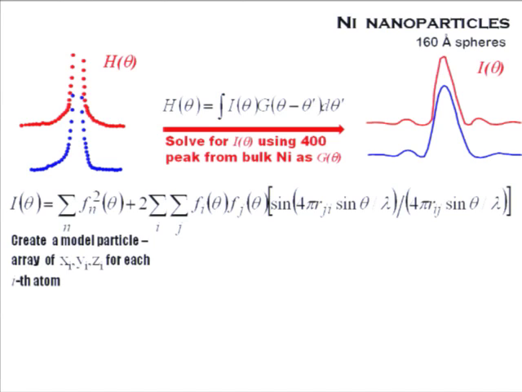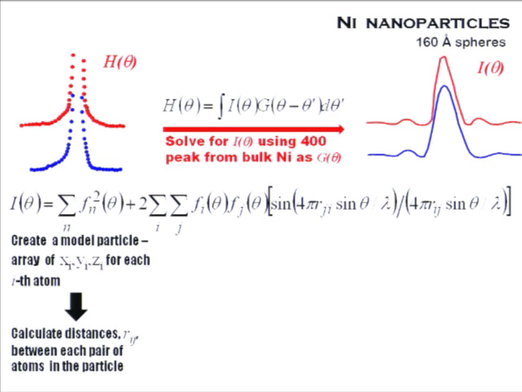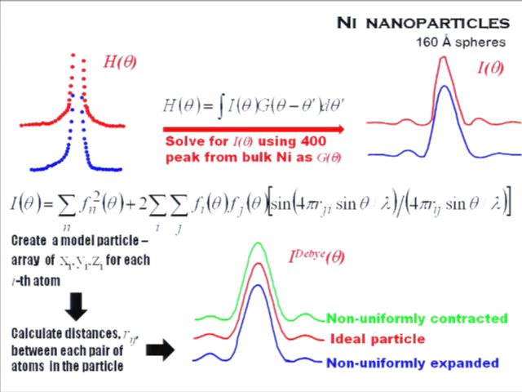So then it was pretty straightforward after that. We created a model particle, which means we calculated all the coordinates of all atoms, then calculated distances between them, stuck them into the formula, and got these three shapes. We did it for three types of particles. The first one, we just took the normal bulk structure of nickel, just a small particle. Then we non-uniformly contracted and non-uniformly expanded it.